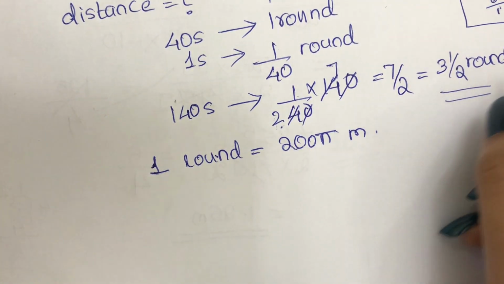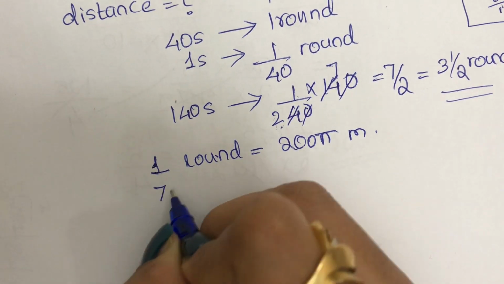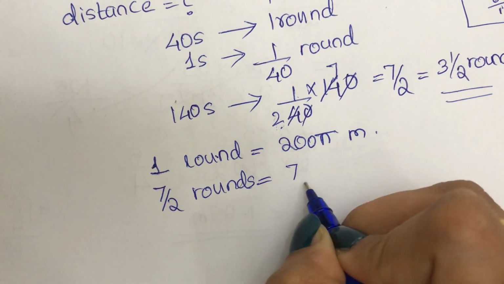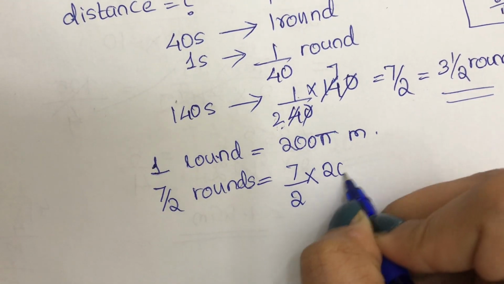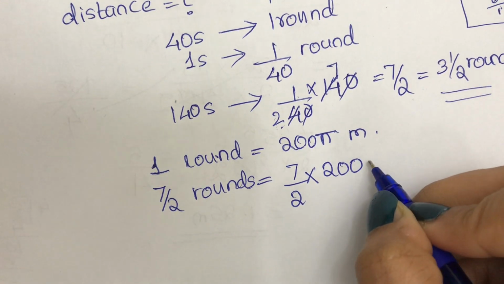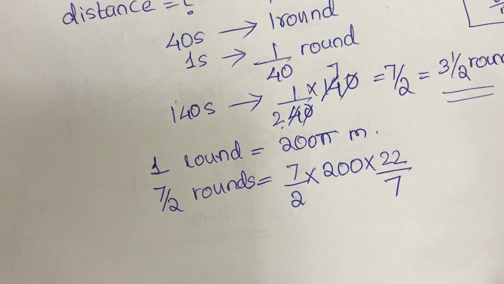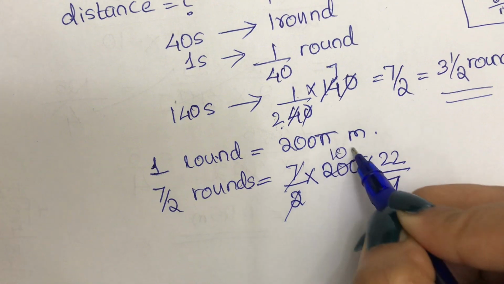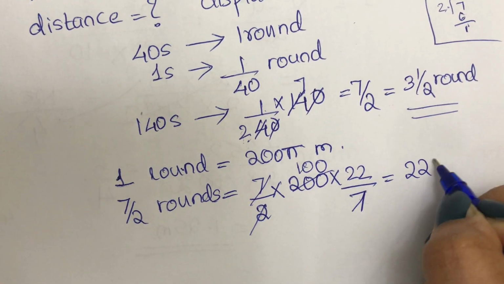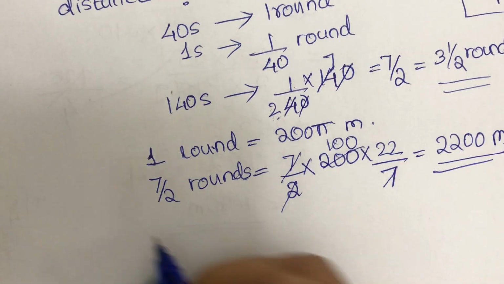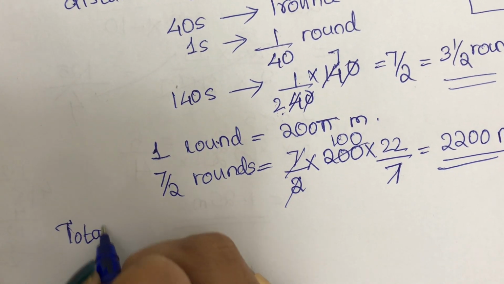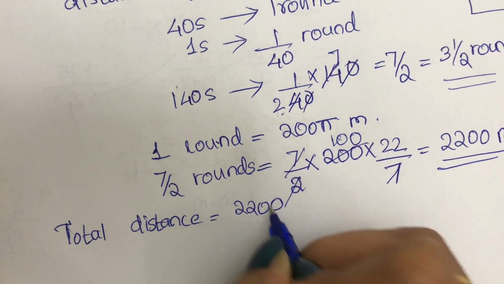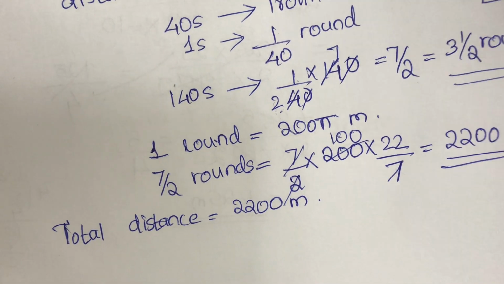So 7 by 2 rounds is 7 by 2 into 200 pi. I'll write pi as 22 by 7. The 7 and 7 get cancelled, and 200 by 2 will be 100. So it will be 2200 meter. So our total distance is 2200 meter.